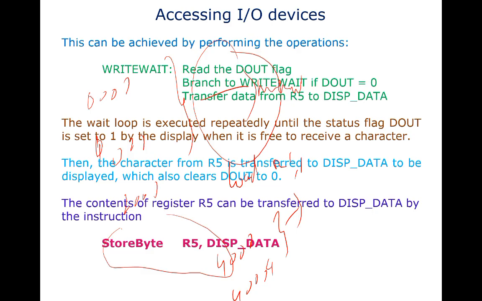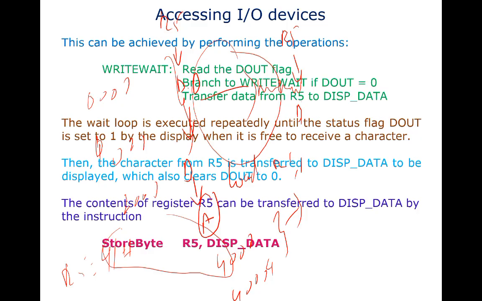For example, previously we mentioned R5 as equal to 41h, which represents the ASCII value A. Then store byte R5 comma display data causes the following: register R5 goes to the display data register DD, which is the display data, and it will display the ASCII character 41h, representation A. So these things have been completed.